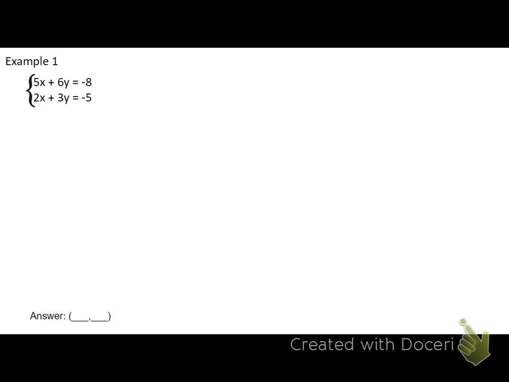Oh, 2. So all I'm going to do is take this bottom equation and multiply it by 2. Now, the tricky part is you can do this in two ways. I'll show you the easy way first. So we're going to multiply by 2. I'm going to rewrite my top equation just so they're lined up already. So I have 5x plus 6y equals -8.